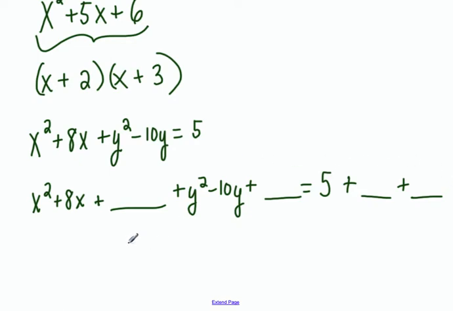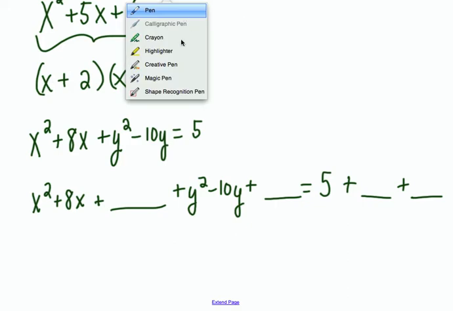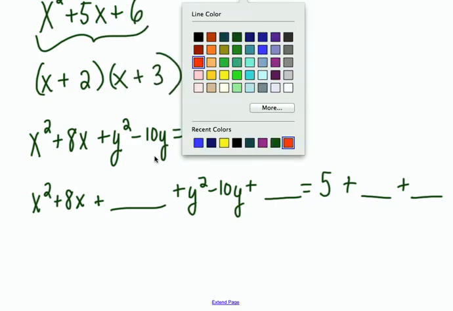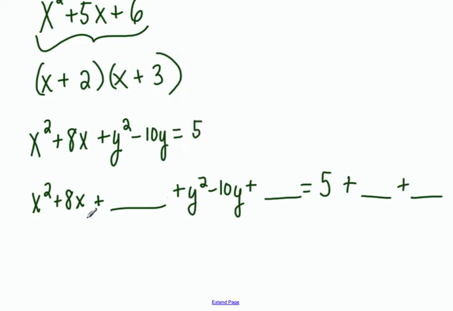All right, watch me. In this blank, I'm going to add half of the b value squared. So in this equation, what's the b value? 8. So I'm going to add (8 over 2) squared. And what am I going to add right here? (-10 over 2) squared.